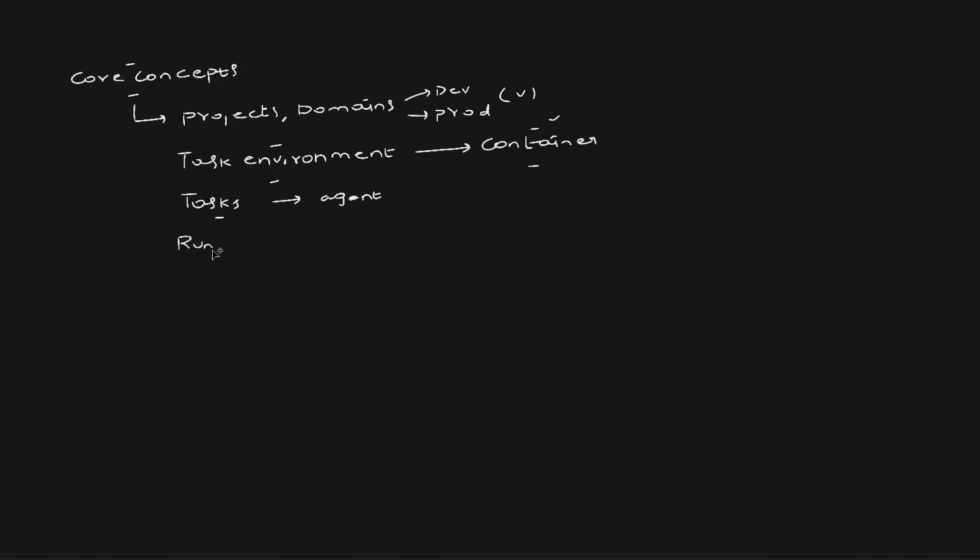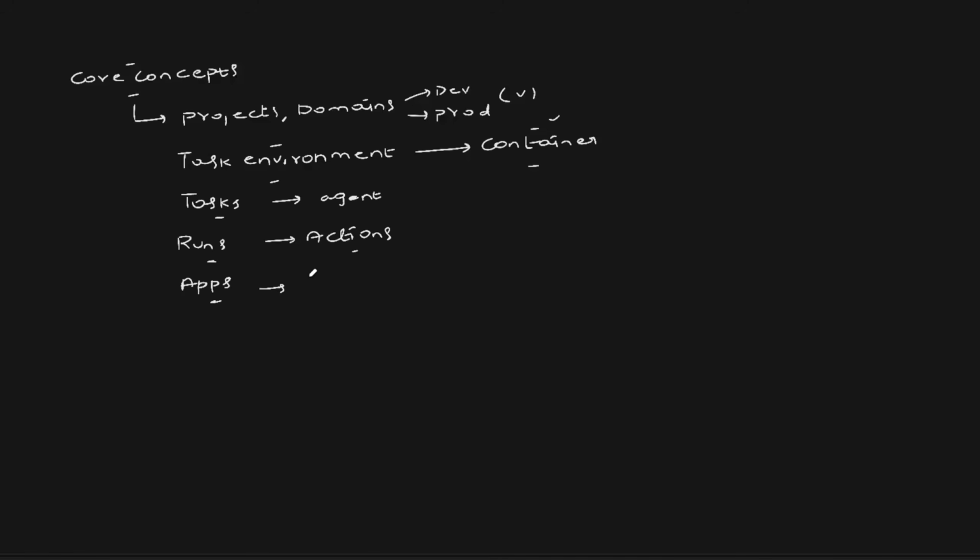Then there is something called runs and actions. This is how Flyte tracks and manages your execution. So obviously you're going to run the agents. What Flyte does is use the runs and actions to manage the executions of these tasks that you're going to execute. Finally, there is something called apps.